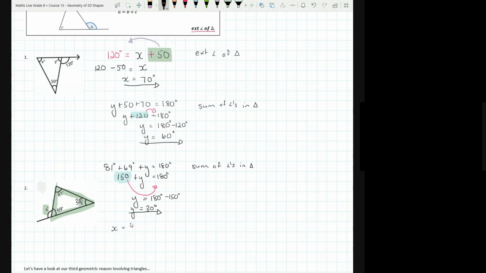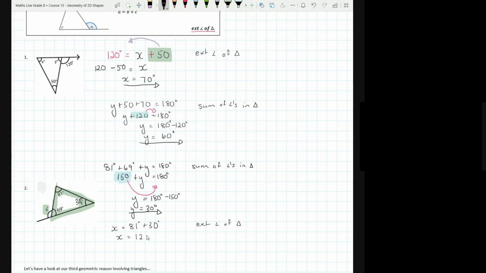So x is equal to, and you've told me it's equal to 81 degrees plus 30 degrees, and what was your reason? My reason is exterior angle equals sum of interior opposite angles. 100%. x is equal to 121.